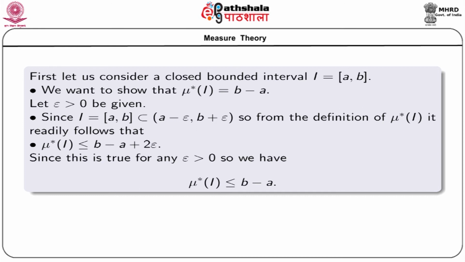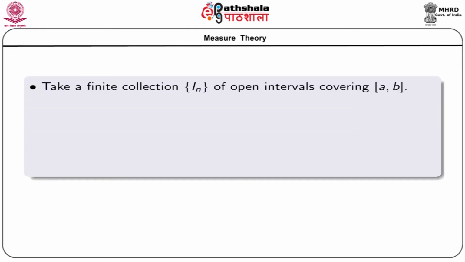So, next we will have to show mu star of I greater or equal to b minus a. Now, before proceeding, let us consider the situation. We are considering the set closed interval a b.